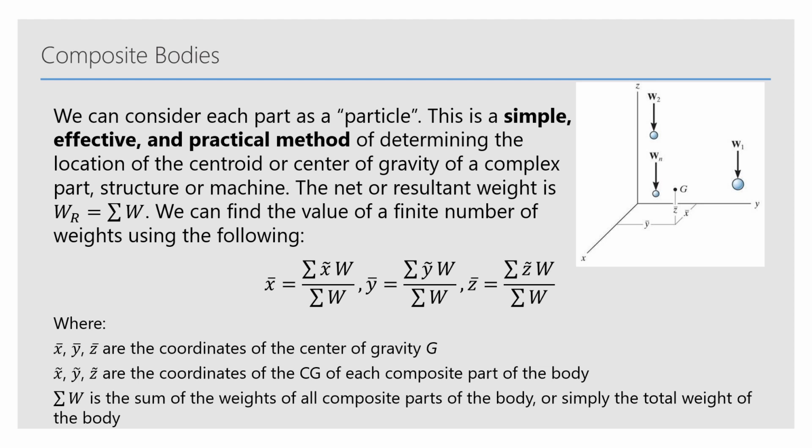The straight bar x, y, z is the coordinate for the center of gravity. The curly bar x, y, z gives the coordinates for the center of gravity of each composite part of the body. And the summation of W is the sum of the weights of all the composite parts of the body, or simply the total weight of the body.